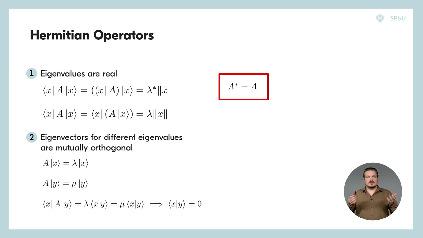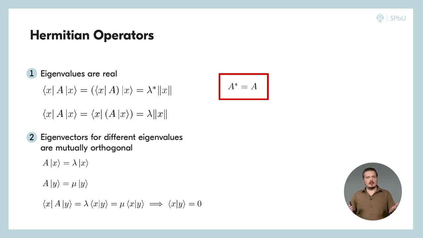And even if some eigenvalues of the operator are degenerate, we still can do that, because in the eigensubspace of a degenerate eigenvalue, we can choose any eigenvectors we want. So we can choose an orthonormal set of vectors there.